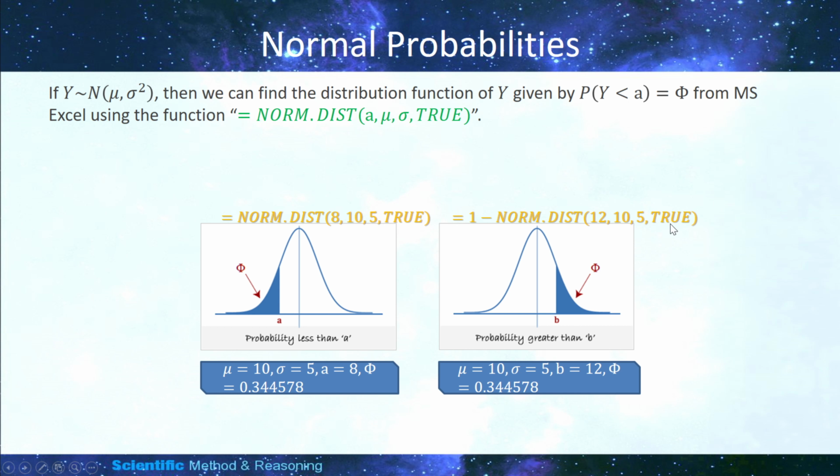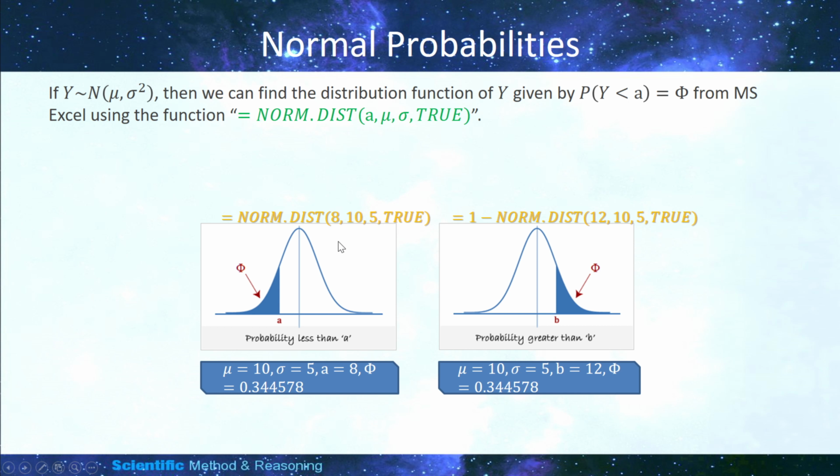Therefore, in the Excel formula, you can simply type equals 1 minus norm.dist, with the input of b, which is 12, the mean 10, and the standard deviation 5, with the logical argument being true.